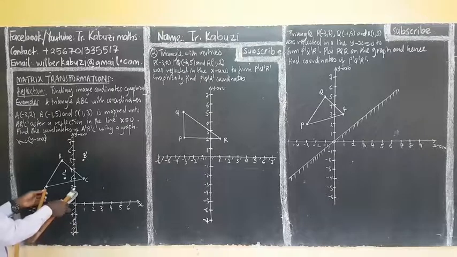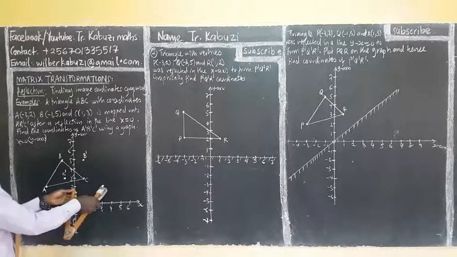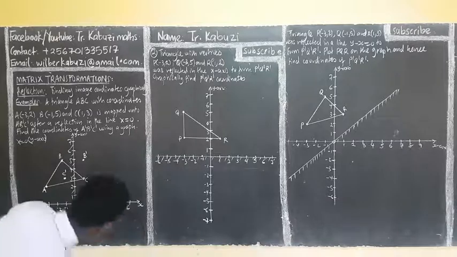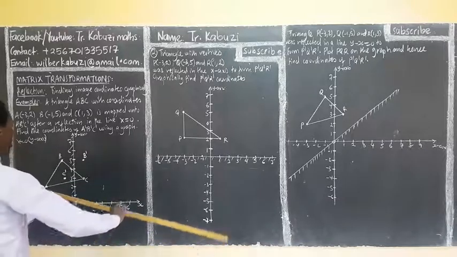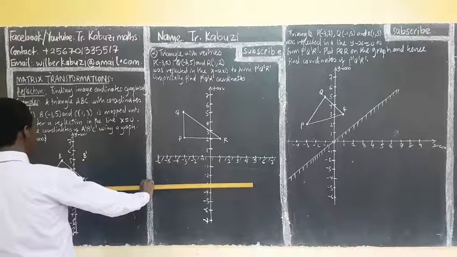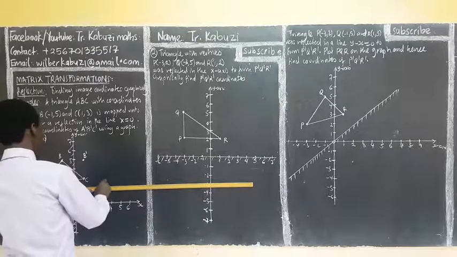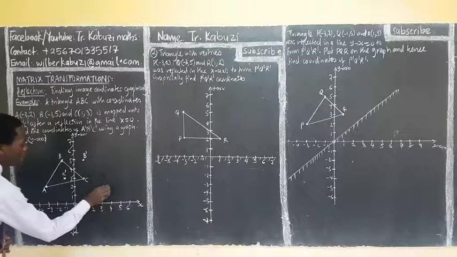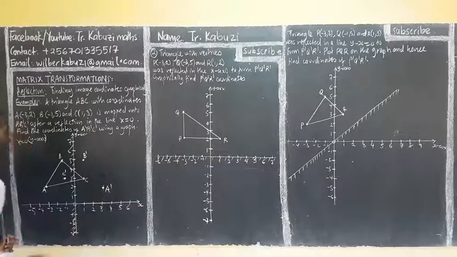Then you use your ruler, measure the same perpendicular distance, and this is going to be your A prime.